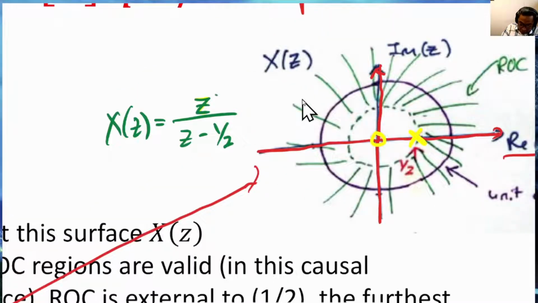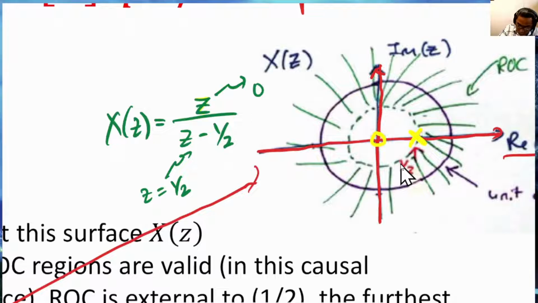When z equals 0 and when z equals half, something very exciting happens to this equation. When z equals 0, the whole equation becomes 0. When z equals half, the whole equation becomes infinite. So we plot a cross to represent the pole when it becomes infinite, and a circle to represent 0. This is the pole and zero diagram of X(z).